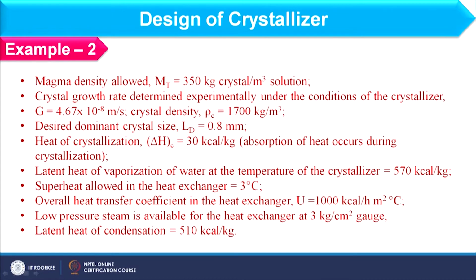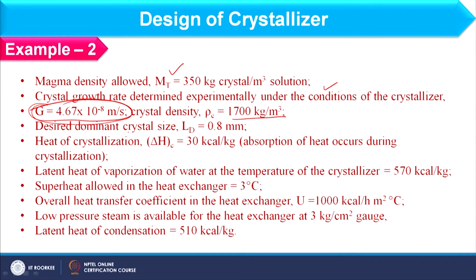Along with this we need much more data, and the magma density allowed is 350 kg crystal per meter cube of solution. Crystal growth rate is determined experimentally under the conditions of the crystallizer, and the G value is given to us. Crystal density is given as 1700 kg per meter cube.